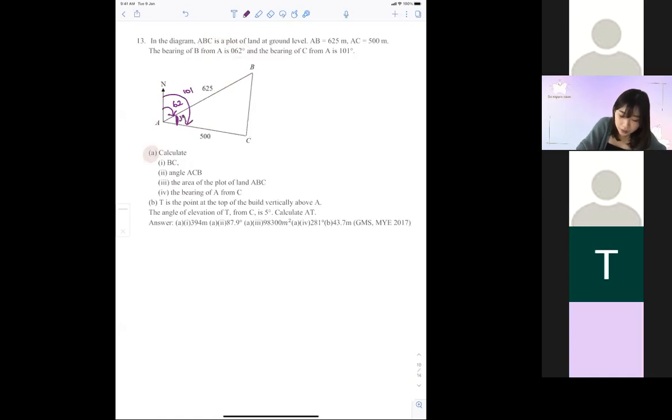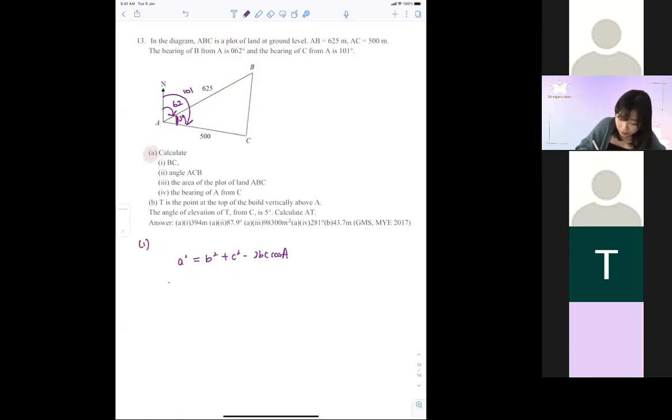Then now they want you to find the length of BC. Check if it's a right angle triangle or not. Non-right angle triangle, can you use sine rule? Cannot, because you got two unknowns. So we use cosine rule. This is the angle that you have opposite. This is your length A. So A squared equals B squared plus C squared minus 2BC cosine A. Don't have to write the whole formula down.